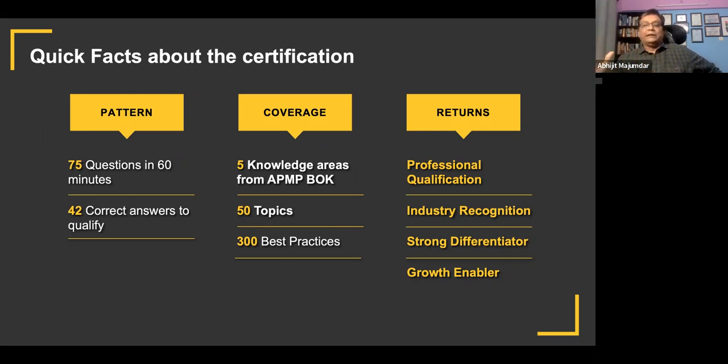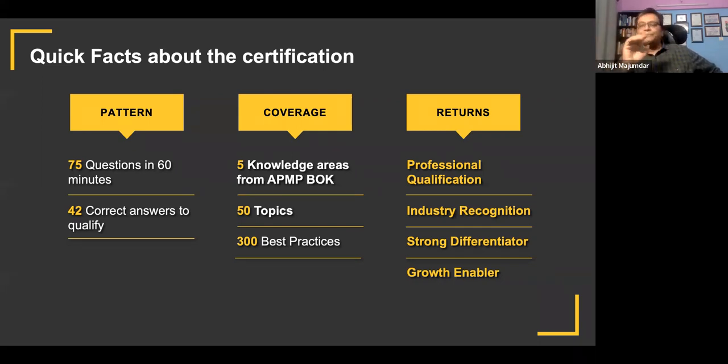Now, the test questions are actually related to these 300 best practices. But these test questions are not asking what the best practices are. That is the beauty of it, and as we go ahead, we will see how the best practices are related to the questions.